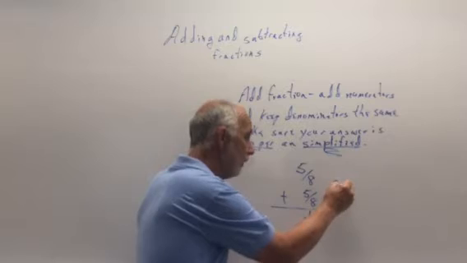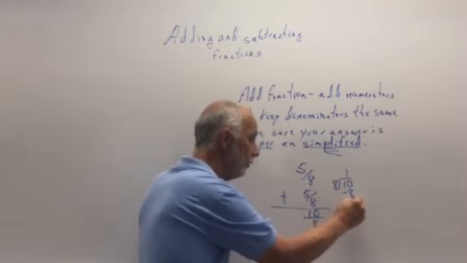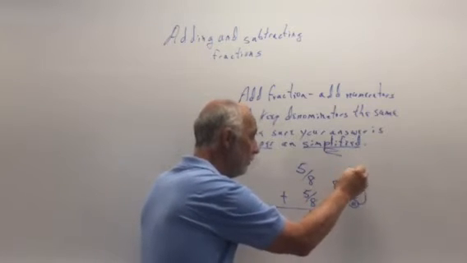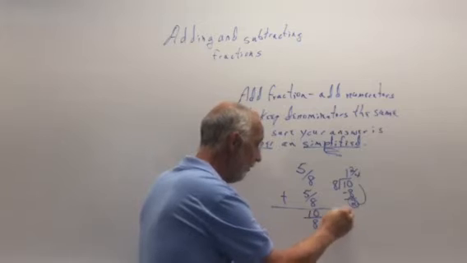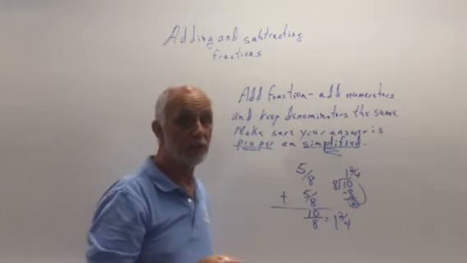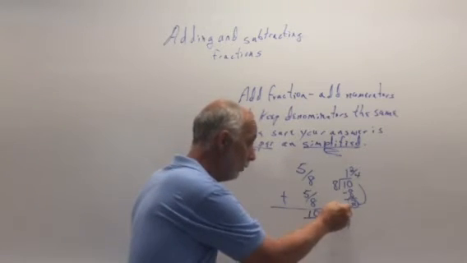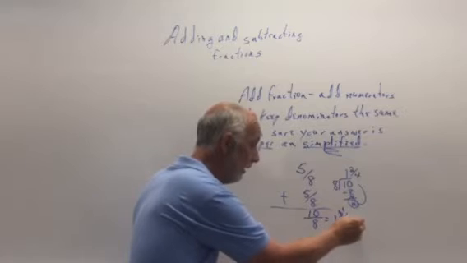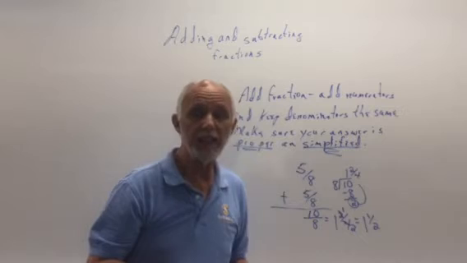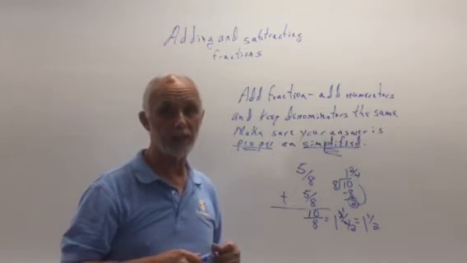So divide the bottom into the top: it goes 1 time, remainder 2, and you write your remainder as a fraction, and you get 1 2/8. However, that's wrong, because if you notice, 2/8 can be simplified. What goes into both 2 and 8? 2 does. 2 goes once, 2 goes four times, and the real answer is 1 1/4. And again, that's the easiest form when you have a common denominator.